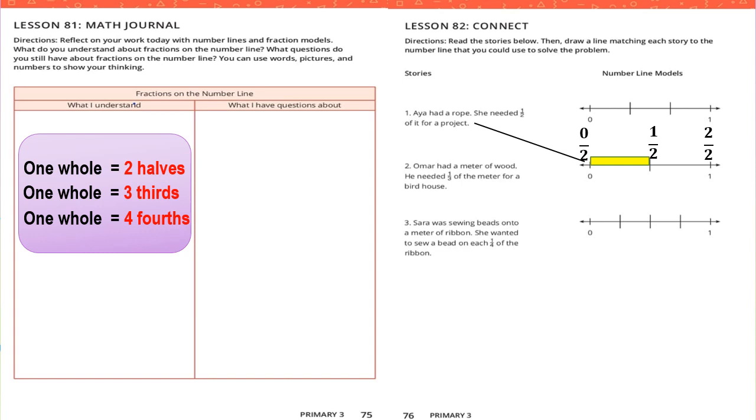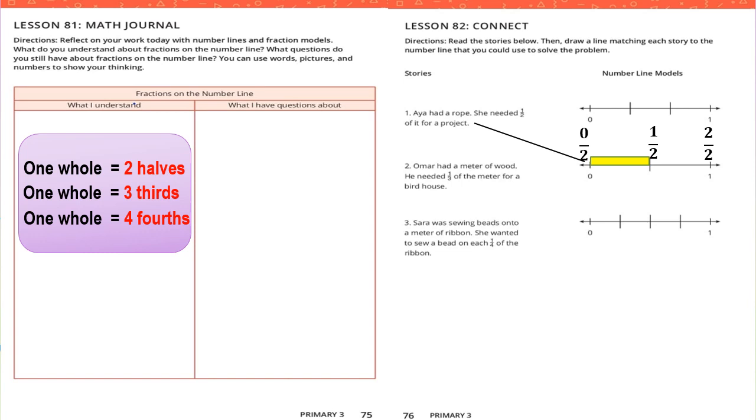Which number line here has 3 equal parts? Or another way, how many dashes do we need to make 3 equal parts on the number line? Subtract 1 from the denominator. How many dashes? 2 dashes.